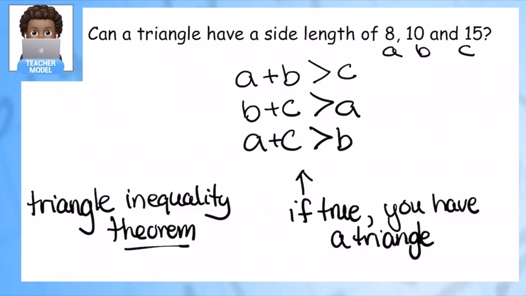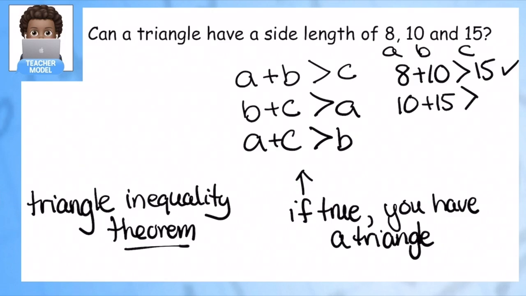All right, so let's test this out. We're going to use these three numbers, 8, 10, and 15. So I'm going to just try this out. Is 8 plus 10 greater than 15? Yes, 18 is greater than 15, so that inequality is true. Let's try B and C. Is 10 plus 15 greater than 8?